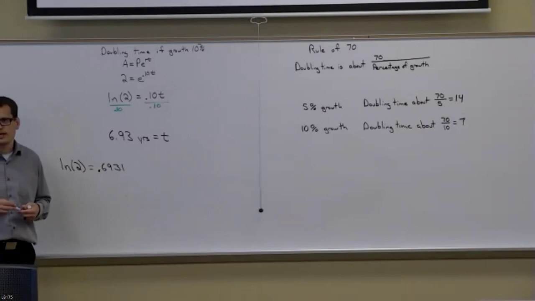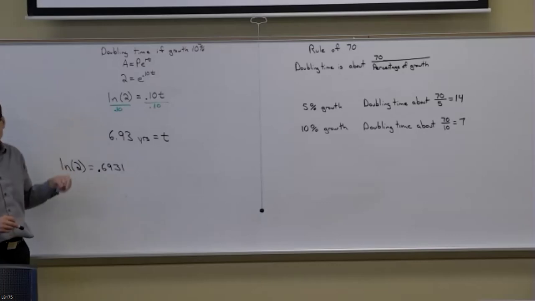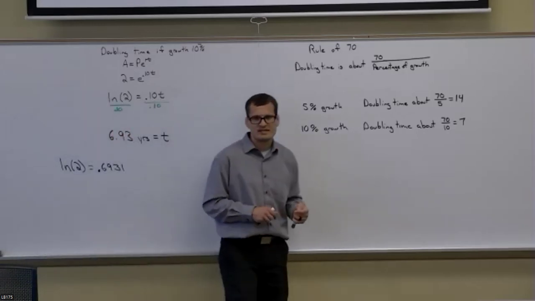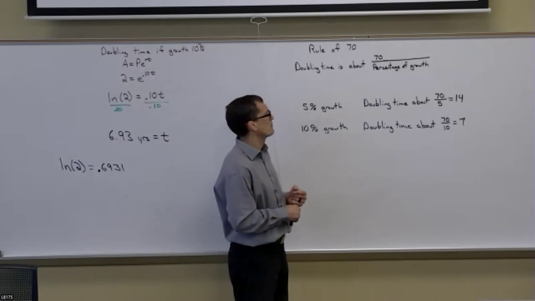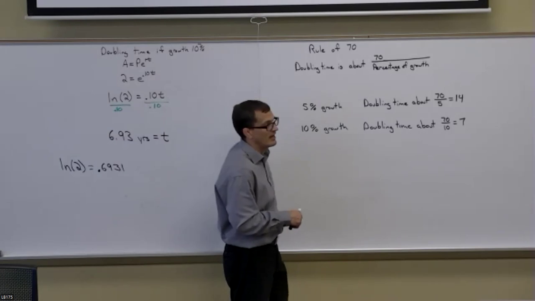This is like a shorthand rule for people who don't want to do the math, you know, the solving of an exponential equation. And they just want to have a really quick approximation. So if you want a quick approximation, you could use the rule of 70 to figure out a doubling time.